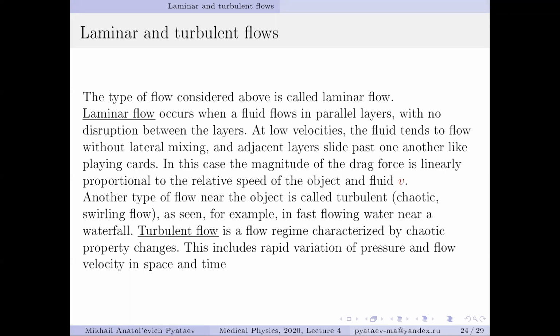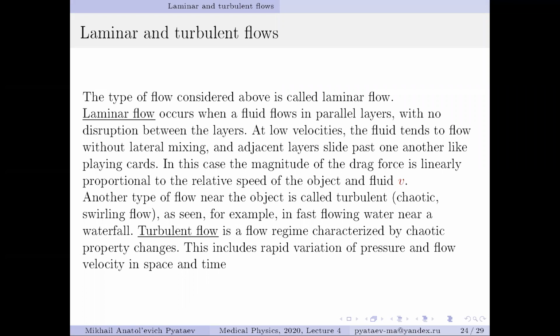In this case, the magnitude of drag force is linearly proportional to relative speed of the object and fluid.